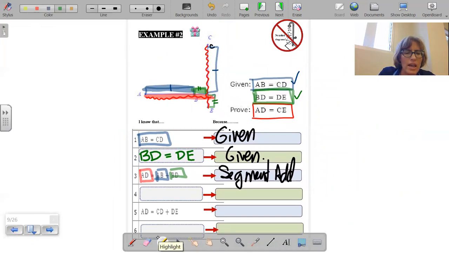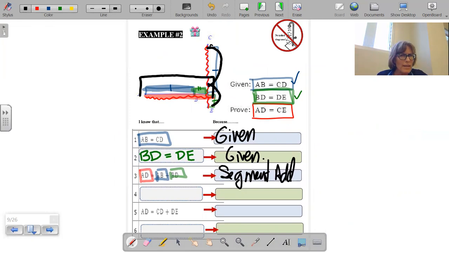Step 5 says that AD is equal to CD and DE. You're like, wait a minute, it's not a direct equivalent. What's going on there? There's obviously something we need to say is true before that.